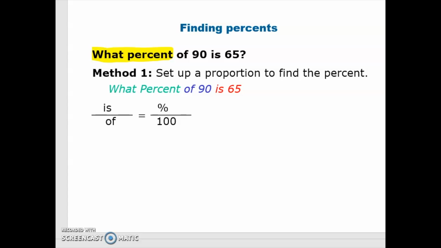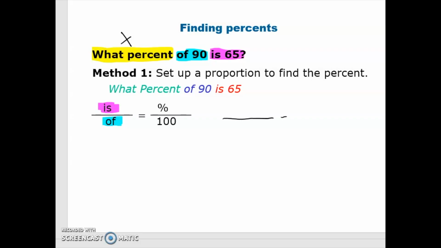That's going to be my variable, my x, because I don't know what it is. Then I see the word of 90. So of is next to the number 90, so that's going to go in the denominator of my proportion. And then finally, I see the word is next to the number 65. That's going to go in my numerator.